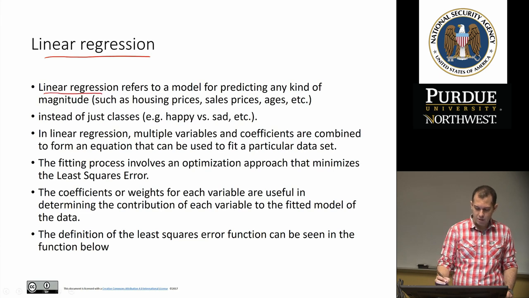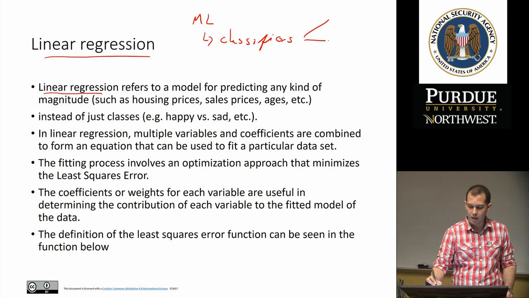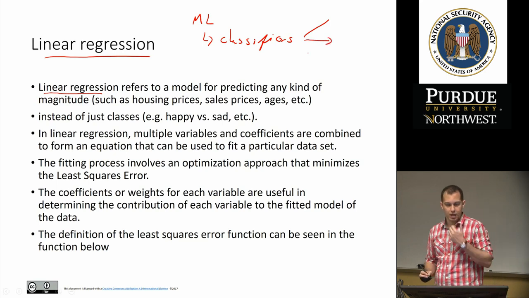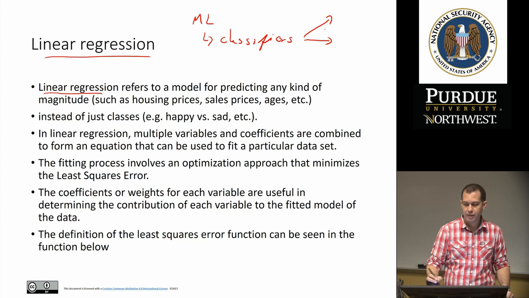Now I should say also that, whenever you think of machine learning, you think of basically classifiers. Classifiers are usually things where you give in an input vector of values, and you predict one of two classes, or three classes.